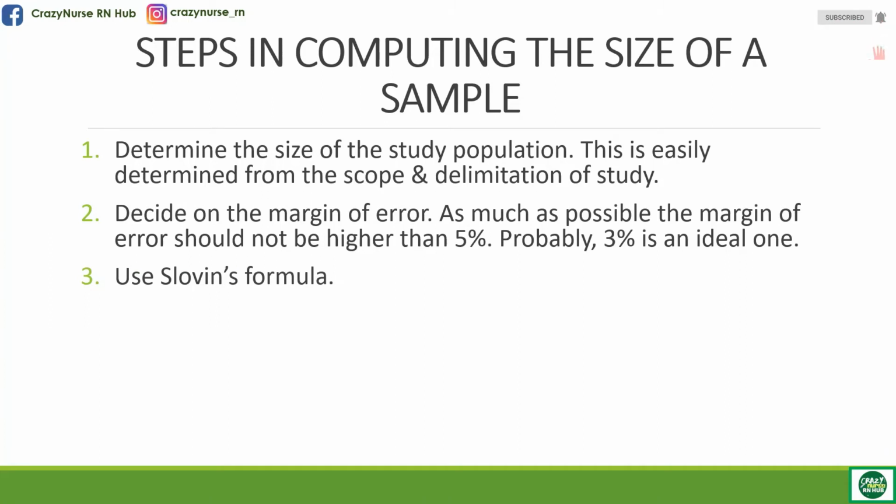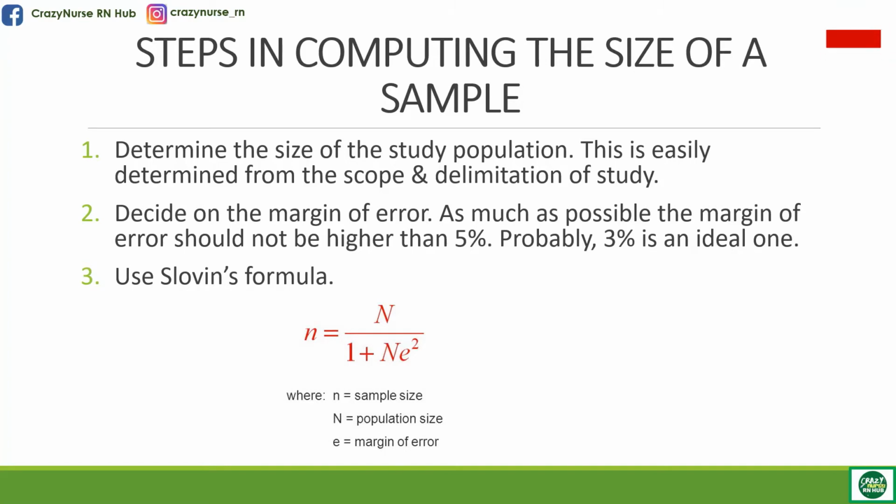Next is to use Slovin's formula, which is the sample size equals the population size over 1 plus the population size multiplied by the margin of error, represented by the letter e squared.